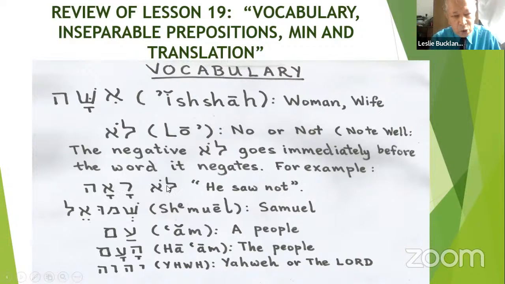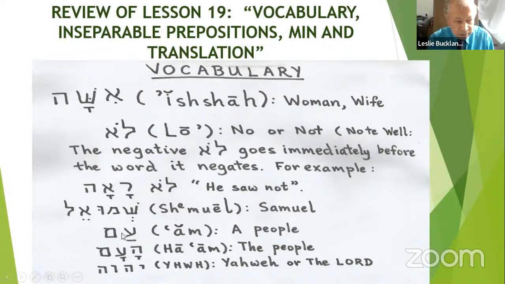But when you put lo before Ra'ah, it means he saw not or he did not see. So it means no or not. He saw not.